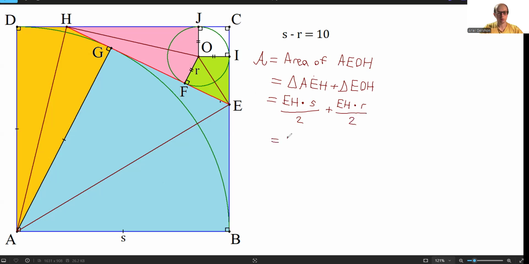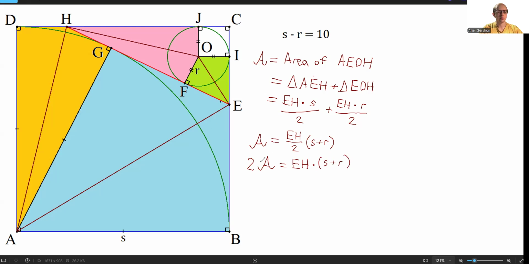So now we can factor out EH divided by 2, and we're left with S plus R. So that's fancy A. And if we multiply that by 2, then we have EH times S plus R.